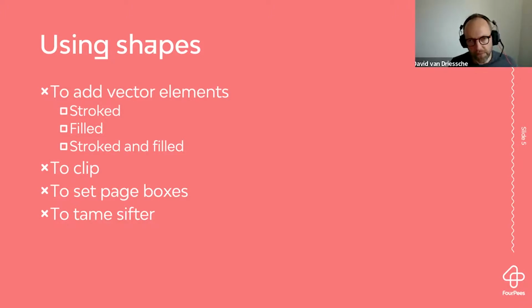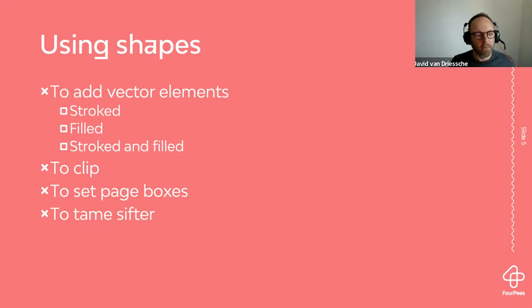And a vector element in PDF can be stroked, it can be filled, or it can be the combination of filled and stroked. And you have these same possibilities in pdfToolbox. You can also use the shape not for painting something, but for clipping against it.